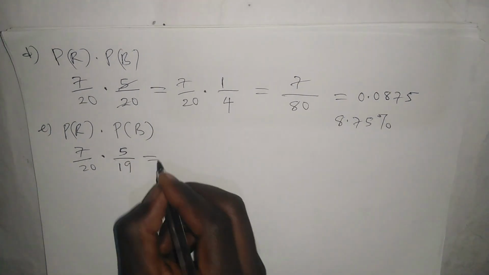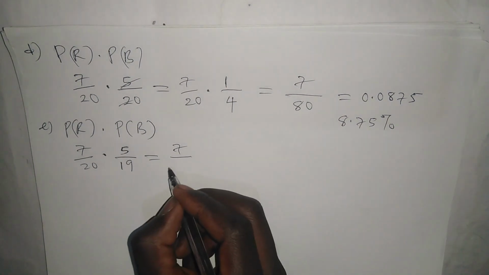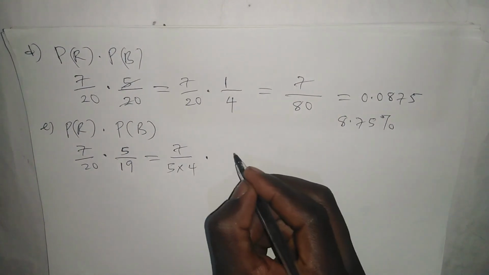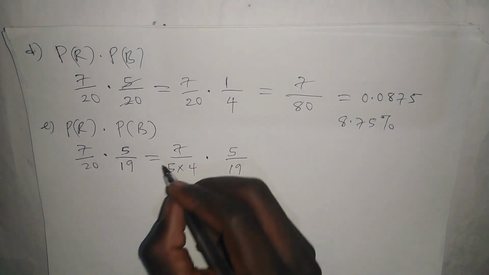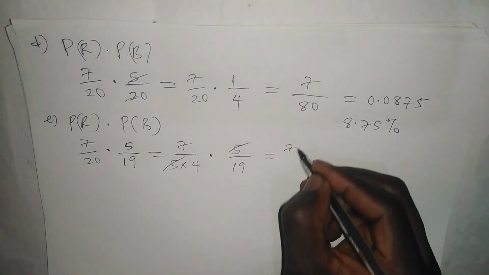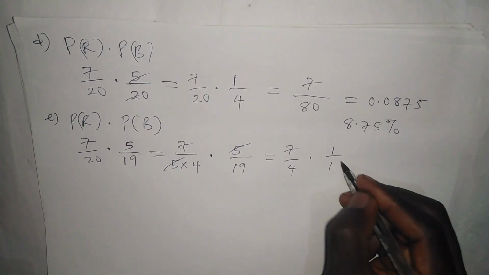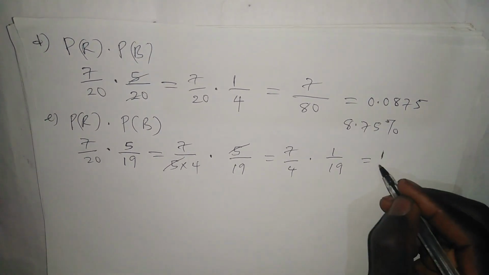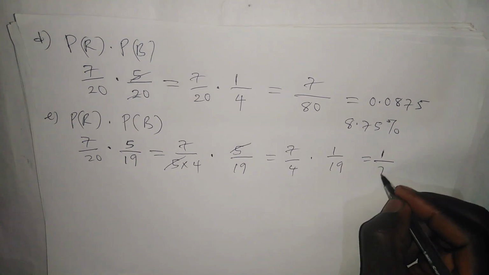Now we say 7 over 20, and we know that 5 multiplied by 4 is 20. Multiply by, then we have 5 all over 19, right? So 5 will cancel 5. Therefore, what we will be left with is 7 all over 4 multiplied by 1 all over 19. 7 times 1 is equal to 7, and then 4 multiplied by 19 we have 76.